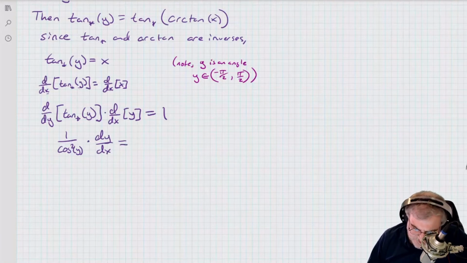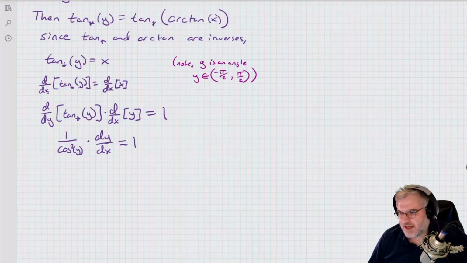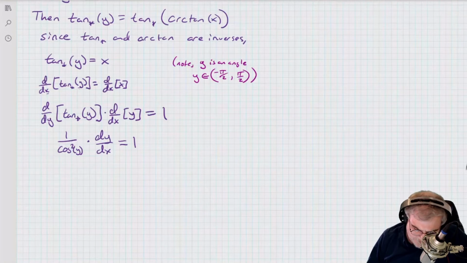And now what I need to do is isolate, I need to get everything in terms of x. So what I'm going to do is multiply both sides by cosine squared, and I wind up with dy over dx equals cosine squared of y.